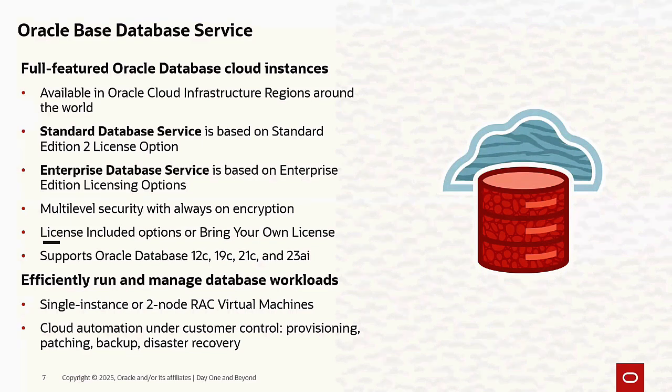It also provides multi-level security, protecting the databases with features like always-on database encryption and also Data Safe. The base database service supports licensing the database by server CPUs with license included options and also BYOL options. I will be talking about these options more in the coming slide.